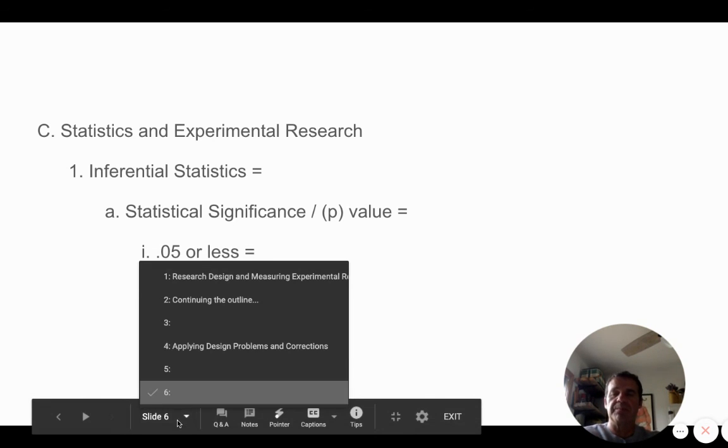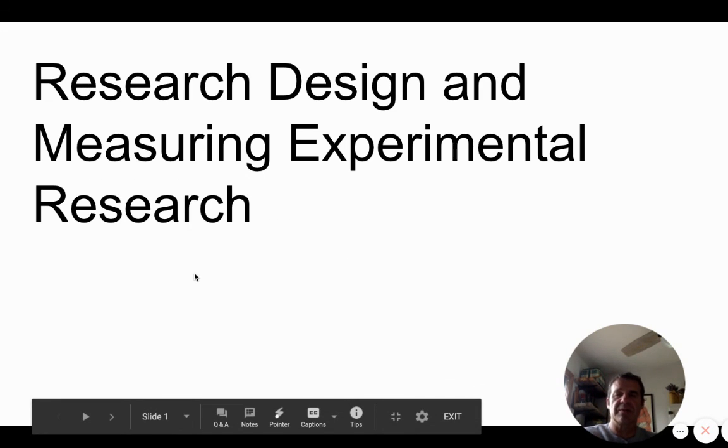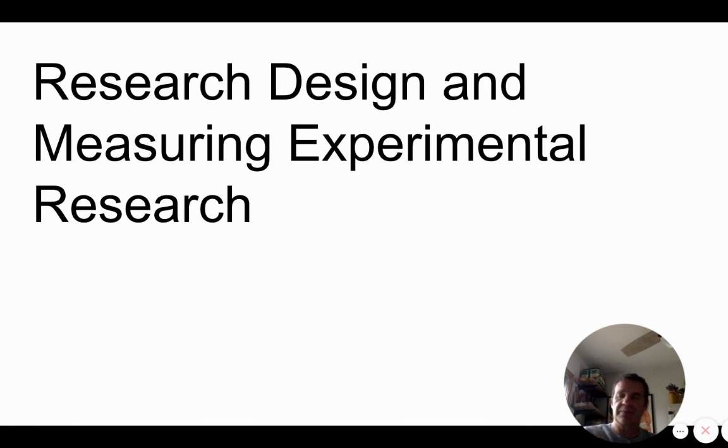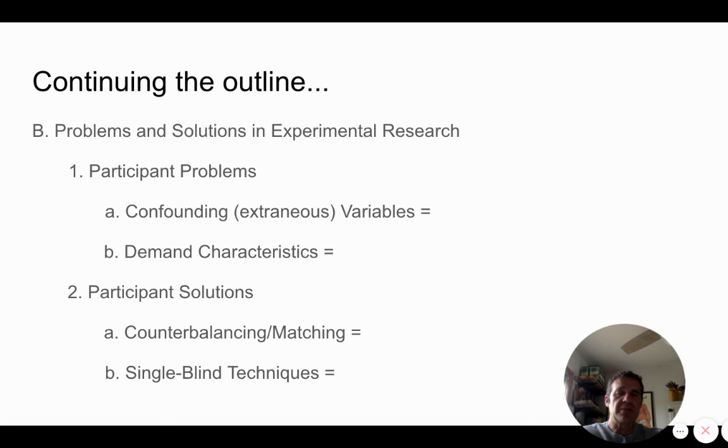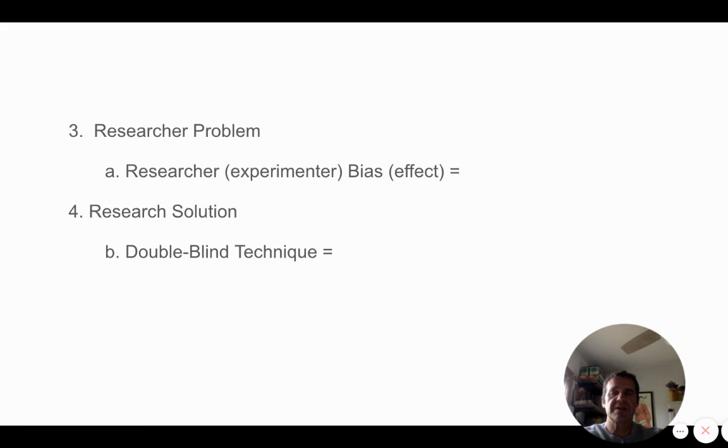Okay. So let's go back to slide 1, where we talk about research design and measuring experimental research. This is what we wanted to look at today, is that when we design a study, we have to look at problems, things like confounding variables and demand characteristics from participants and researcher bias from the experimenter.